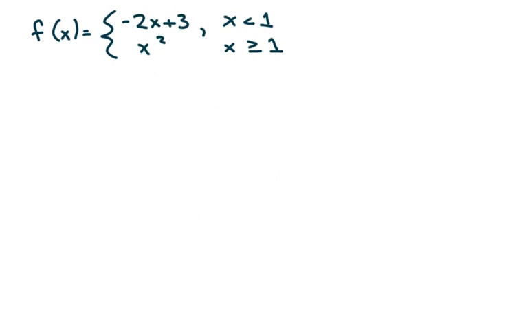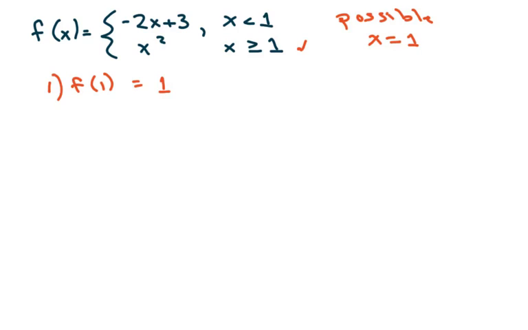Alright, and the next one, we're going to do the same procedure. We have a possible discontinuity at x equals 1. So we're going to first try f of 1, and plugging it in this one, we get 1.